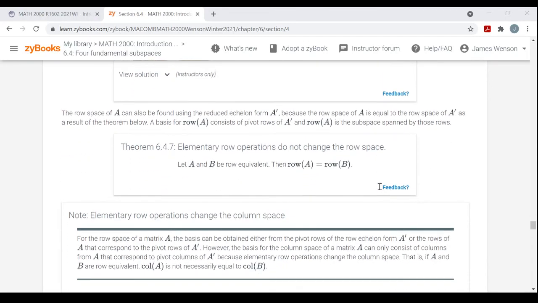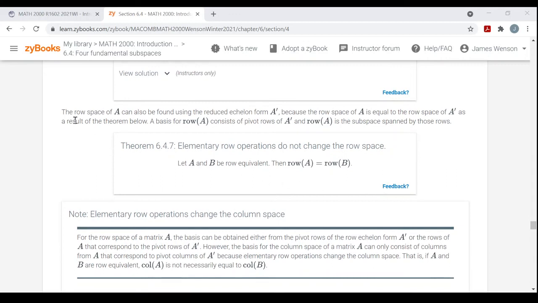Now, one other thing they're saying here is that the row space of A can also be found using the echelon form of A, called A prime, because the row space of A is equal to the row space of A prime.